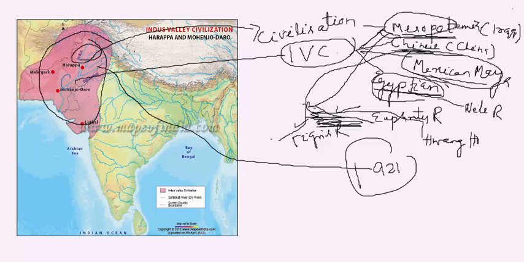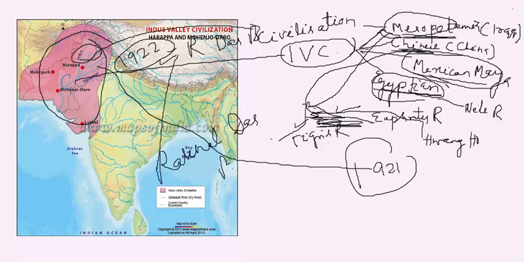And in 1922, just after one year, one person came, Rakhal Das Banerjee, who discovered Mohenjo-daro. In the next phase, we'll discuss details about Mohenjo-daro, but you can see here that Mohenjo-daro is located in this pink area.